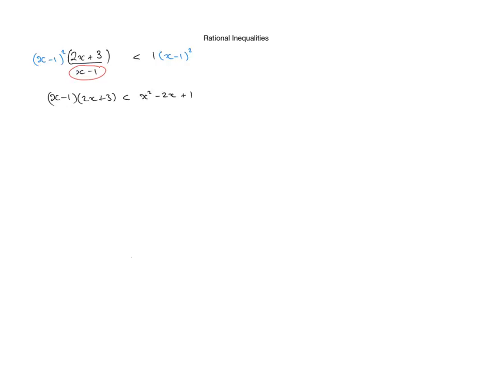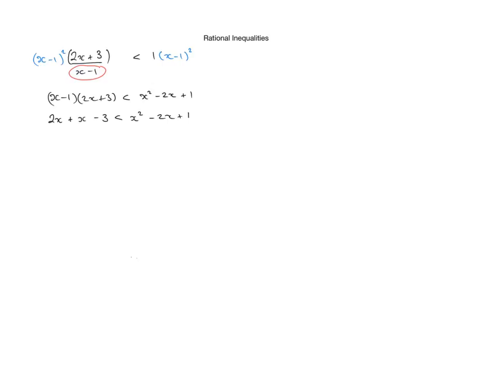Okay, let's multiply out the bracket on the left-hand side. Hopefully you can get this quickly enough. 2x squared, then -2x + 3x, so that's just +x. And then we have -3 is less than x squared - 2x + 1. Okay, it's up to you which way you decide to go here. Let's keep all the x's positive.